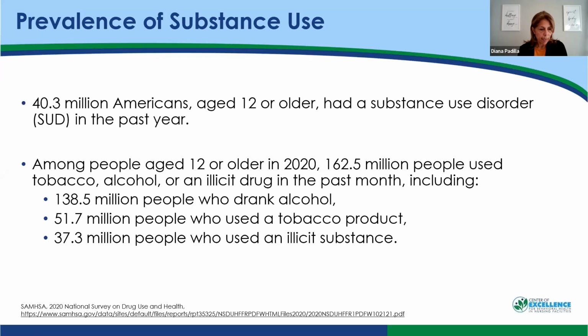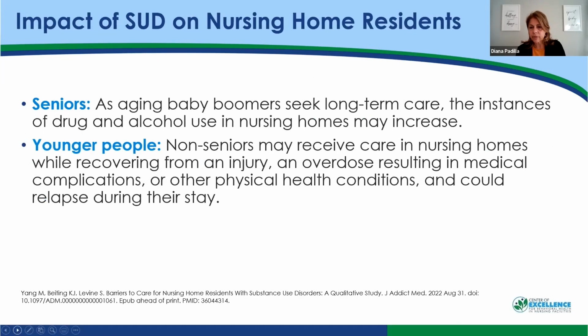Like a baseline. So the impact of substance use, the way it relates to what you do, is about thinking about the communities that you serve. And I've only got a couple of communities here. We know that seniors are, I think, the largest aging birth cohort we have ever had in this country.